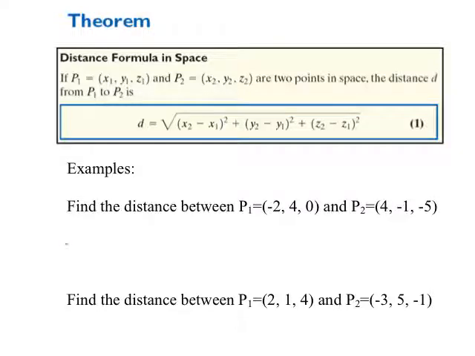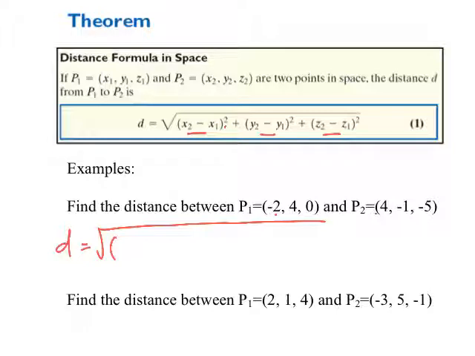All right, so we'll do D equals the square root. And we just have to find a bunch of differences. It really doesn't matter, since we'll be squaring it, whether you take P2 minus P1 or P1 minus P2. So I'm just going to do P1 minus P2.